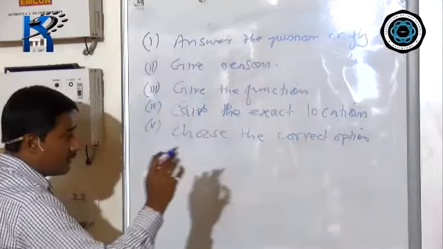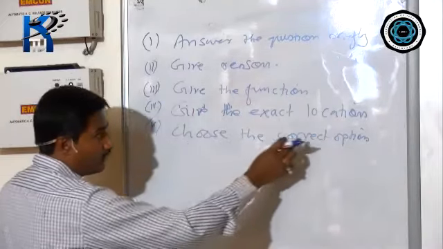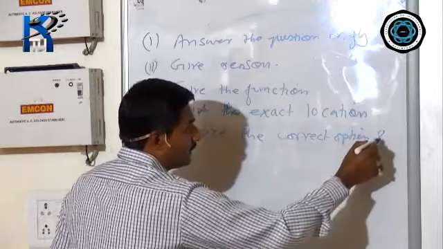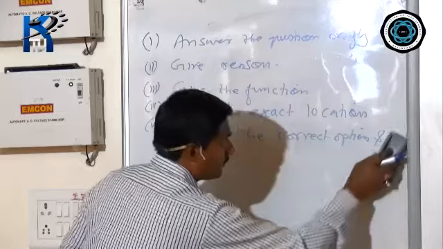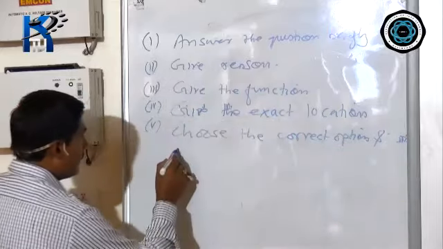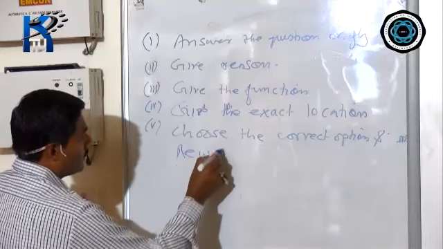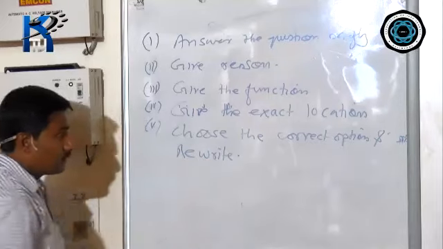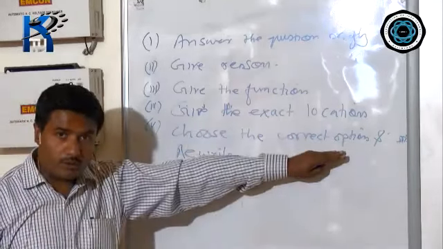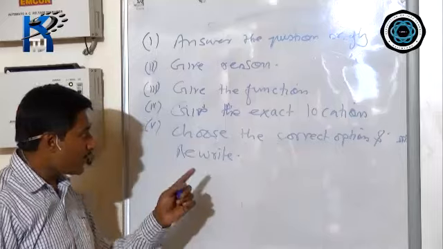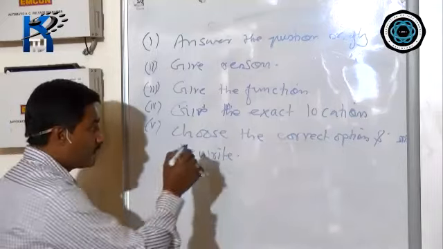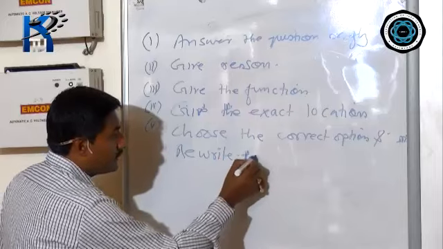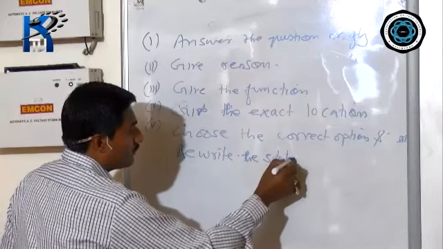And sometimes it may also be choose the correct option and rewrite. Sometimes choose the correct option only will be given, and sometimes choose the correct option and rewrite the statement.